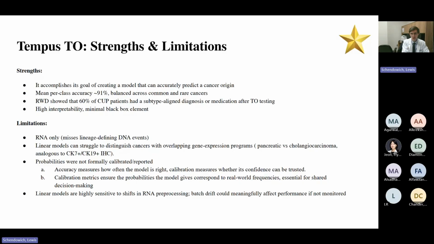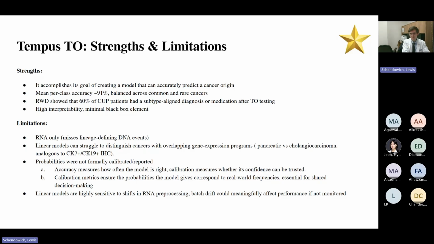So there's an important distinction here between accuracy and calibration. Accuracy measures how often the model is right. Calibration measures whether the confidence that is reported can be trusted. So for instance, you are given a probability that this specific type of tumor is what it's saying it is.